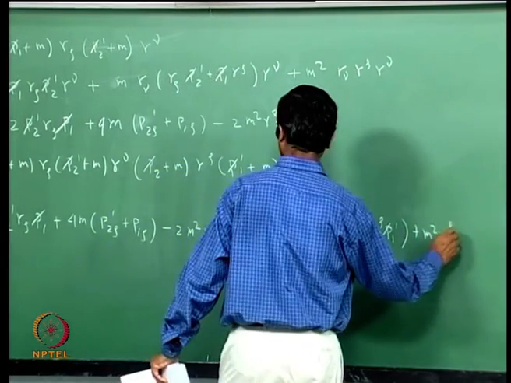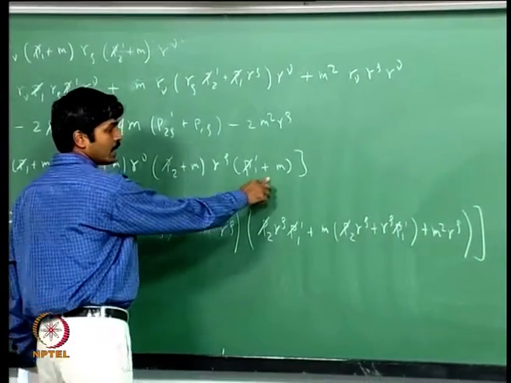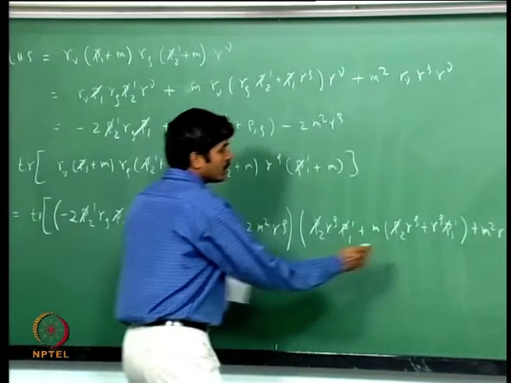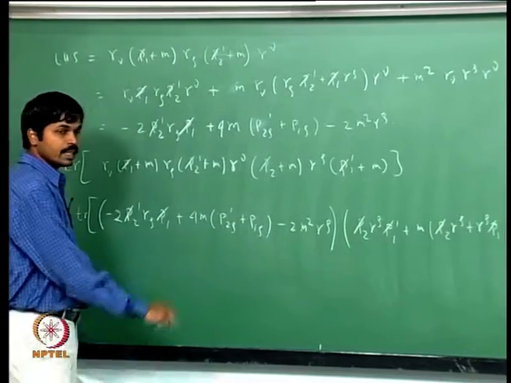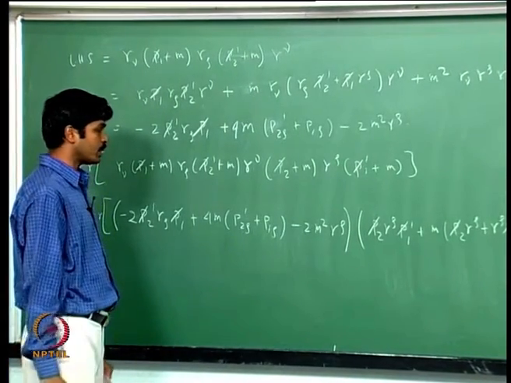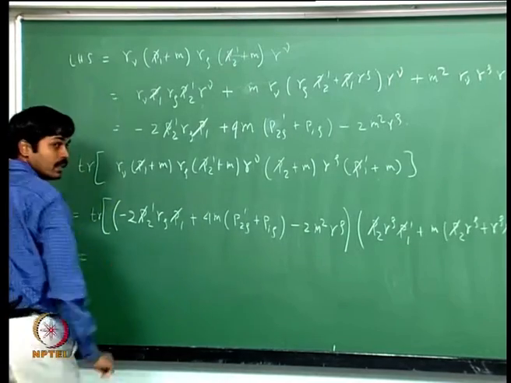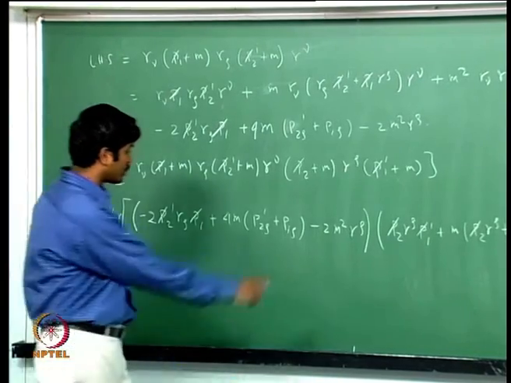This is what I will get by straightforward multiplication. Now, I will multiply this term with this term, and I will keep in mind that trace of odd number of gamma matrices vanishes. So, if I do that, what I will get, this one.